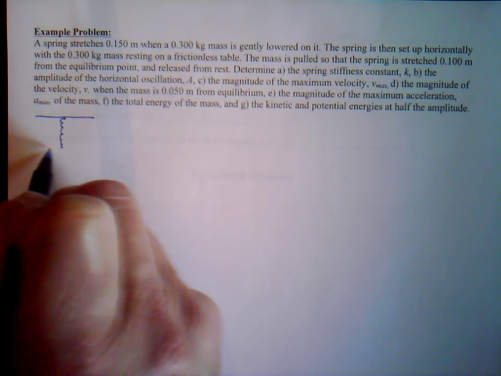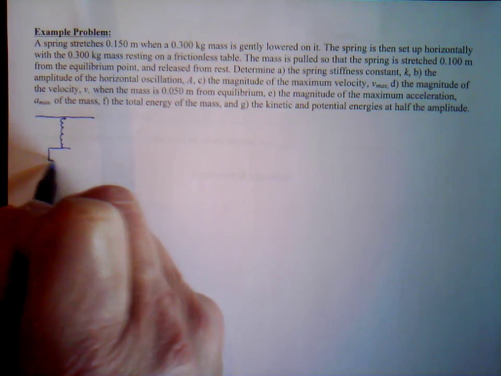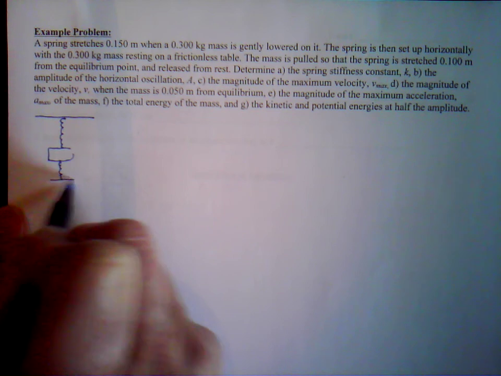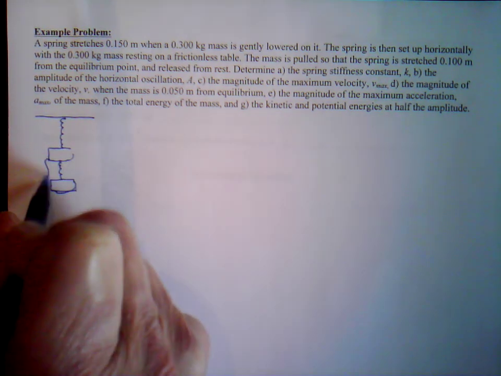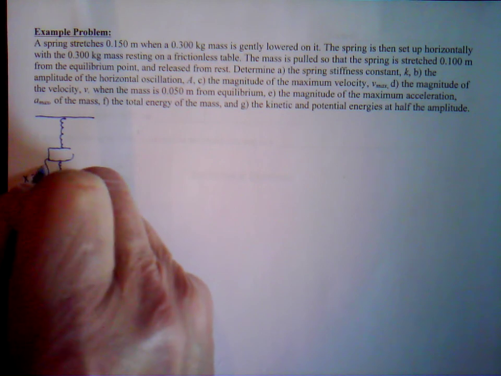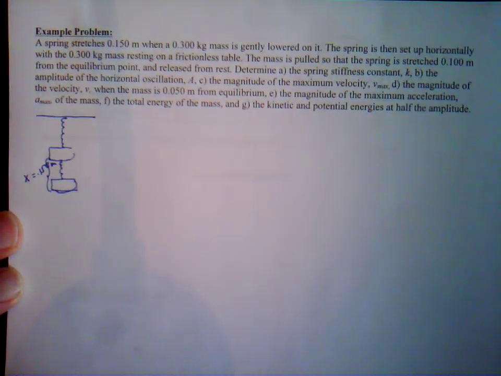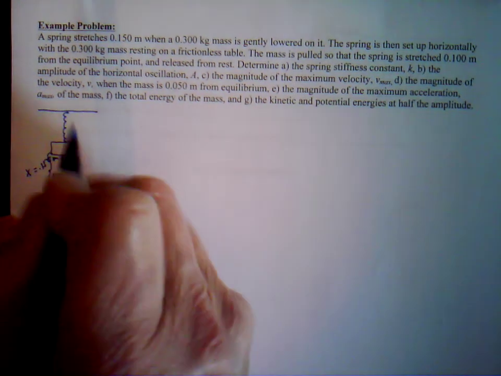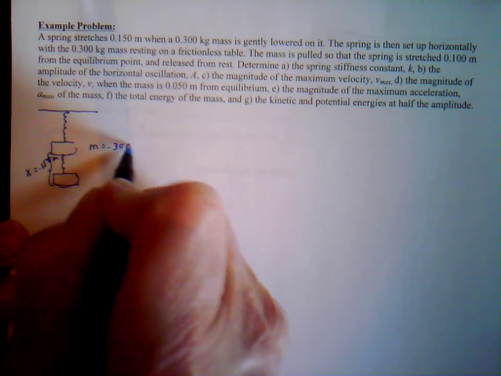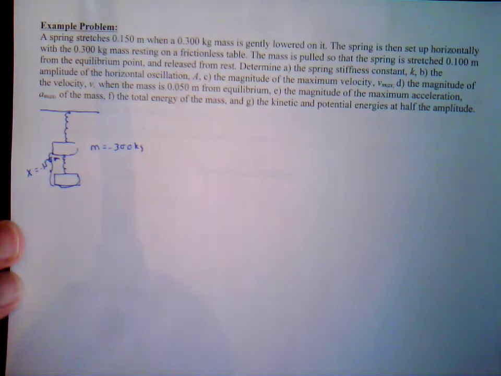At this position, we then put a mass on it, and it is lowered. That mass causes it to be stretched. So this displacement is x equals 0.150 meters. The mass that we lower on that is 0.300 kilograms.